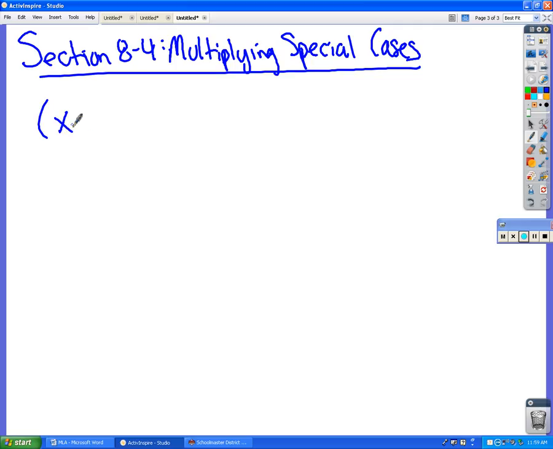So the first special case that we're going to look at is what happens when you multiply two binomials that are the same. Okay? So I have x plus 3 times x plus 3. Well, let's go ahead and FOIL this out. First times first is what?